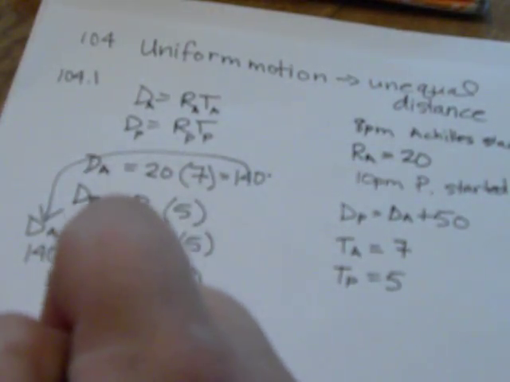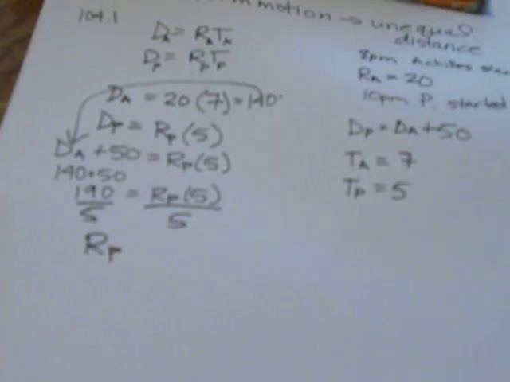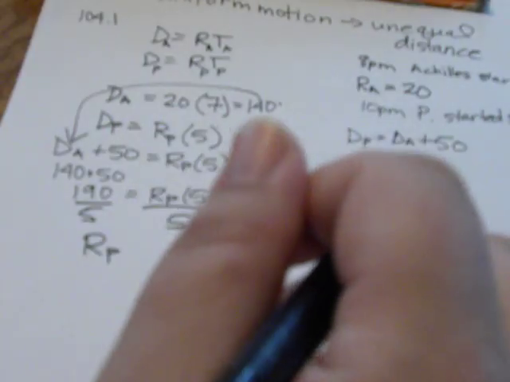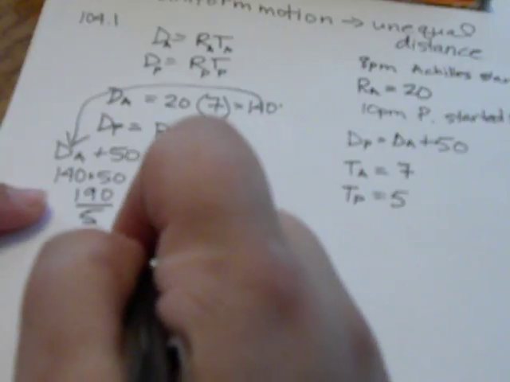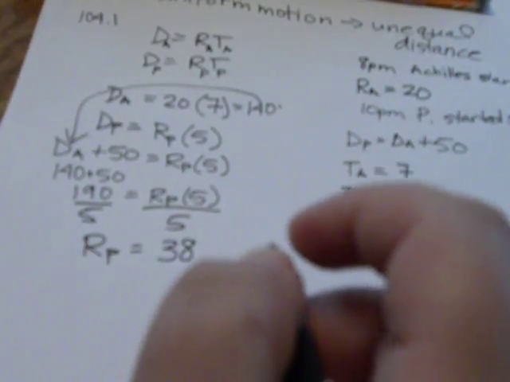Divide both sides by 5, and we get that the rate of Patroclus is 38. So his rate is 38 kilometers per hour.